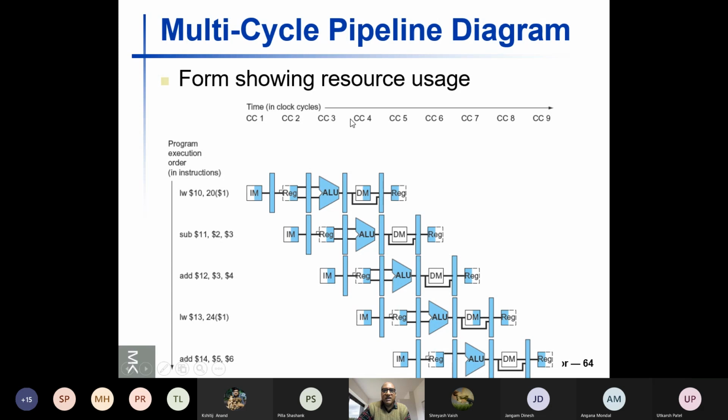Here you can see that in cycle 4, the load is in the fourth stage, in the data memory, the subtract instruction is in the execution stage, and the add instruction is in the instruction decoding, register fetch stage. That way you can know which instruction is at which place in which clock cycle, or with respect to a clock cycle, how the resources are occupied by what instructions. These things you can know by using this kind of representation.